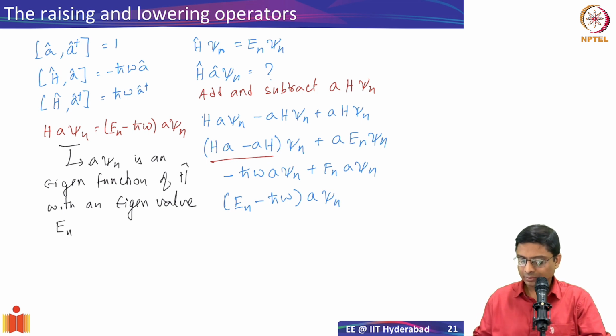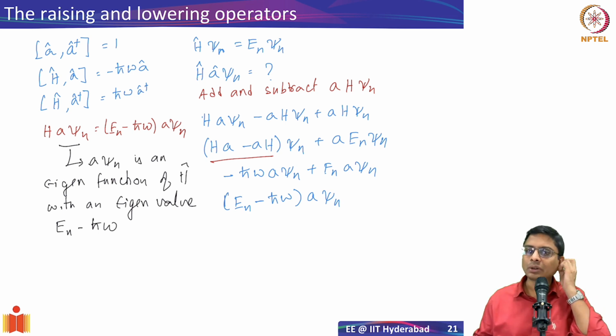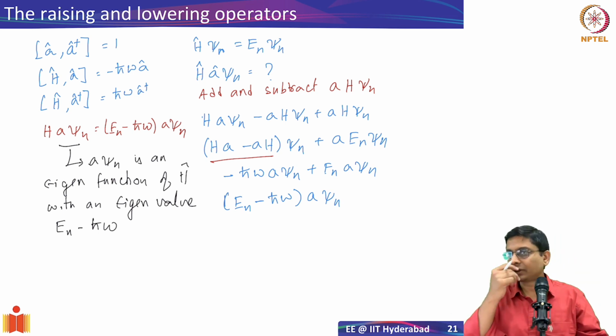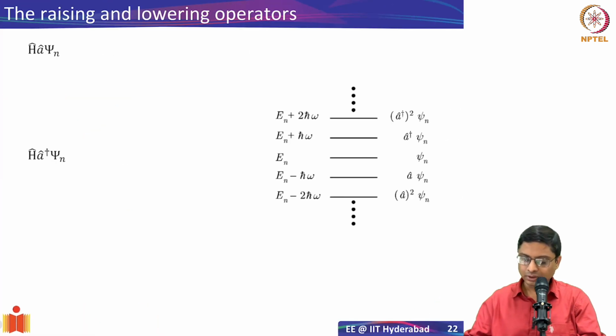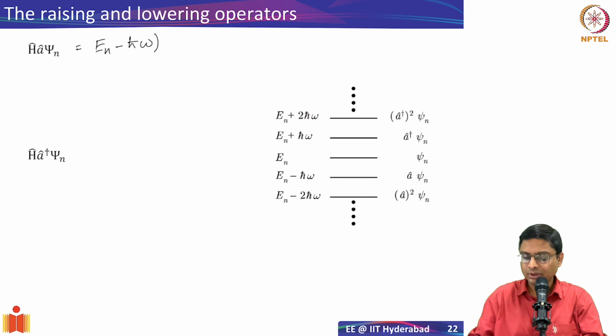This is the impact of the operator A on psi n. Let me just recap that. This is going to be equal to En minus h cross omega times A psi n.